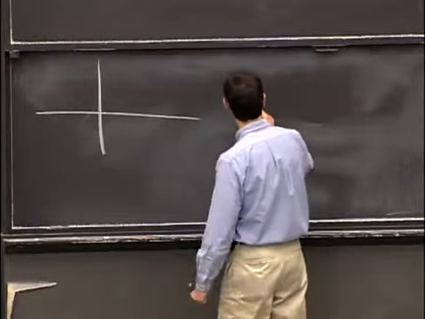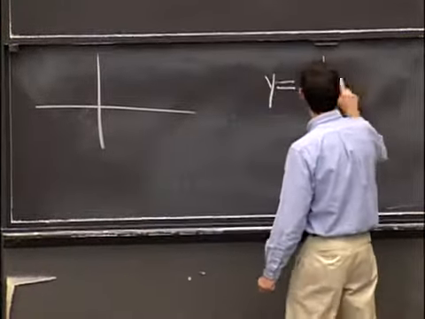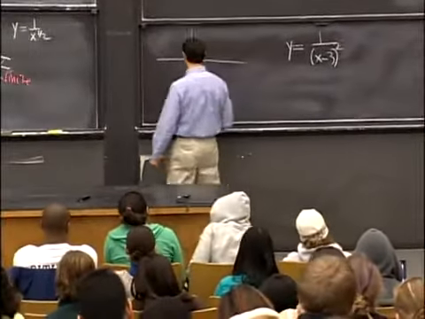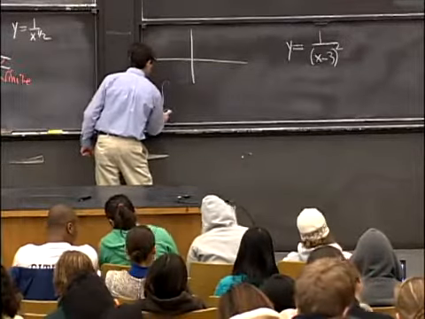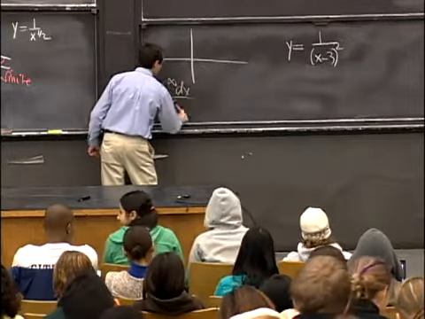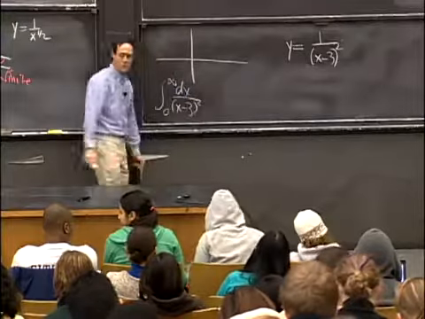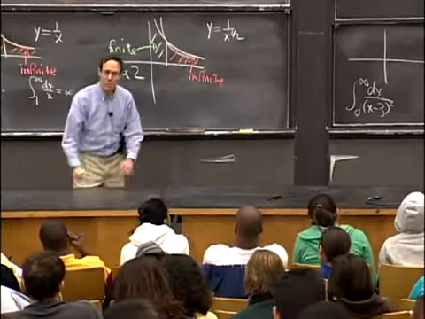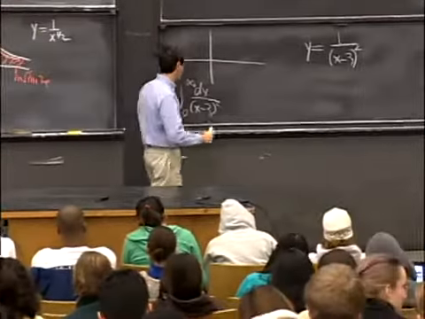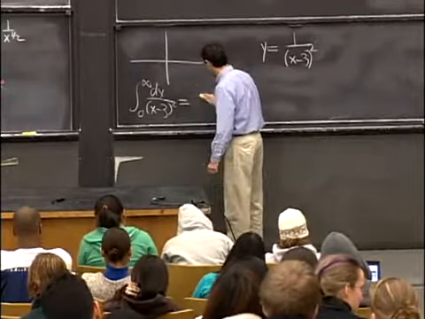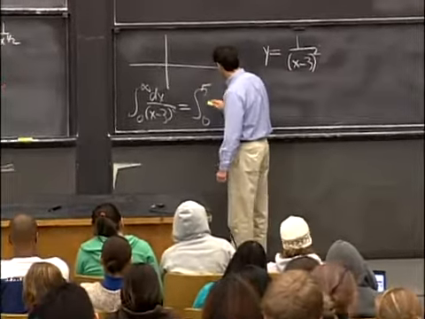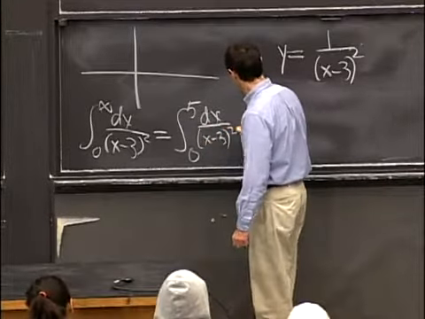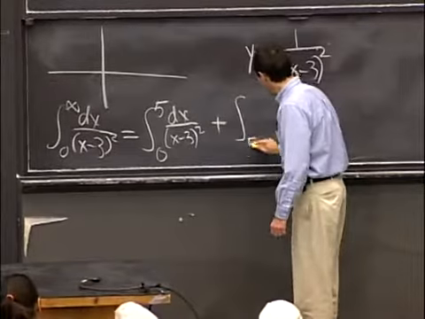If you take a function y equals 1 over (x minus 3) squared, you think about its integral. So let's think about the integral from 0 to infinity dx over (x minus 3) squared. And suppose you were faced with this integral. In order to understand what it's doing, you have to pay attention to two places where it can go wrong. We're going to split it into two pieces. I'm going to break it up into this one here, up to 5, for the sake of argument, and say from 5 to infinity.